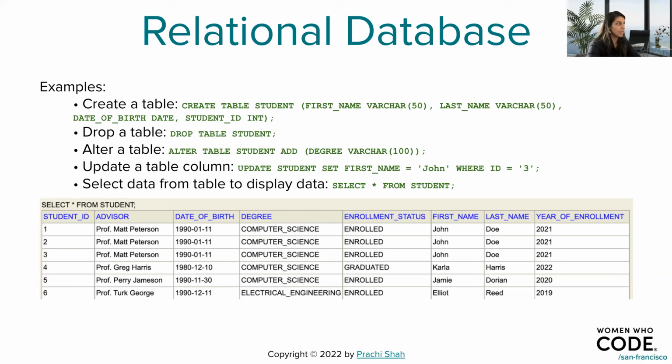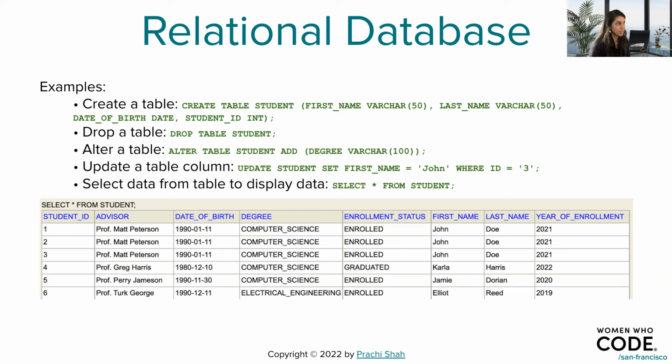Another example would be updating a column. I want to update the student table and change the first name to John, where the student ID is 3. So the student with ID value 3, I want to update their name to John for some reason, right? So you can always update very specific columns or values in your database.